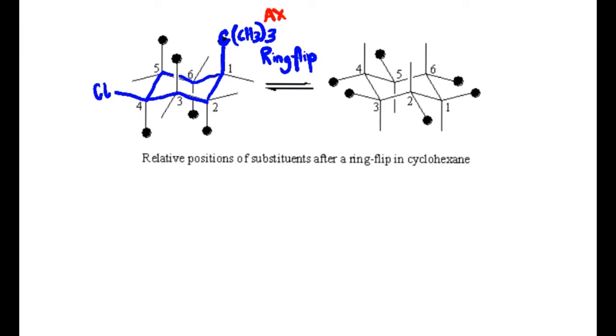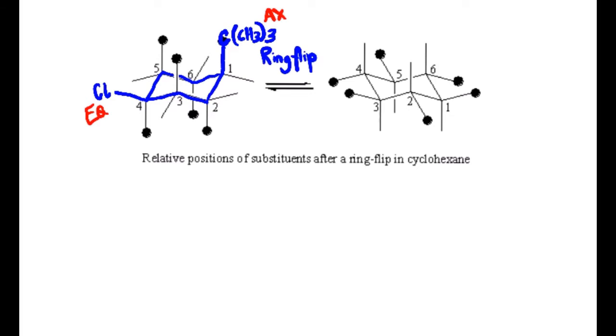So after we ring flip, remember that by definition, when we ring flip, all the axial groups become equatorial and all the equatorial groups become axial. So when we do this ring flip, we need to keep in mind that our group that started off as axial here in the upper right corner, that C(CH3)3 group, is going to become equatorial. On the other hand, the chlorine atom that's equatorial to start with is going to become axial.